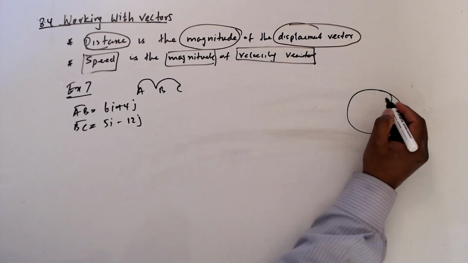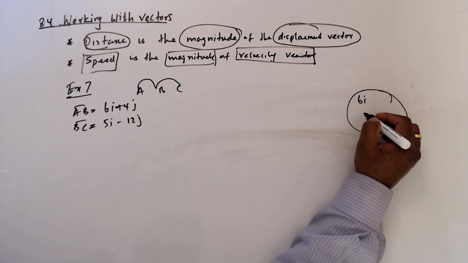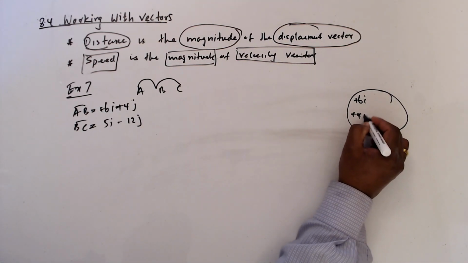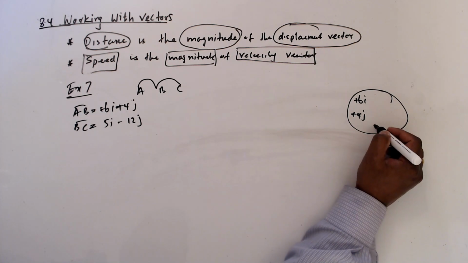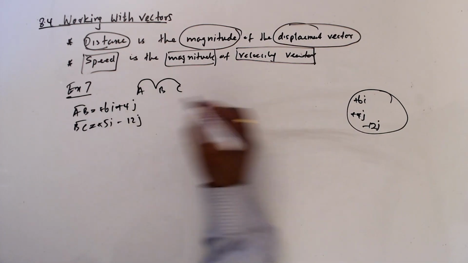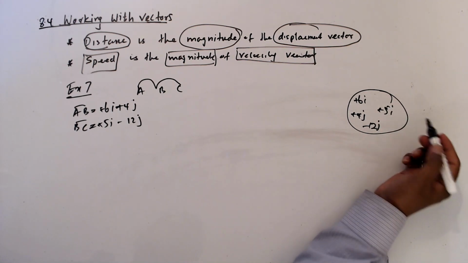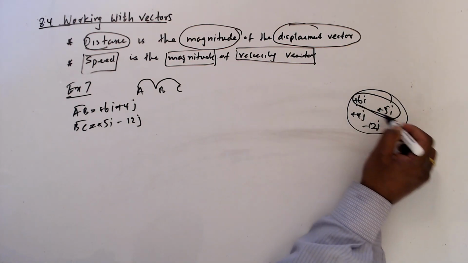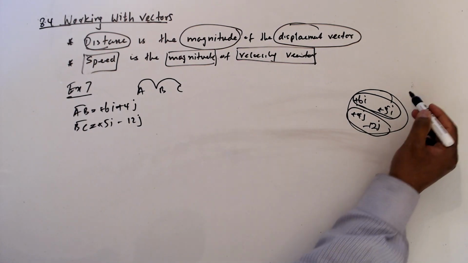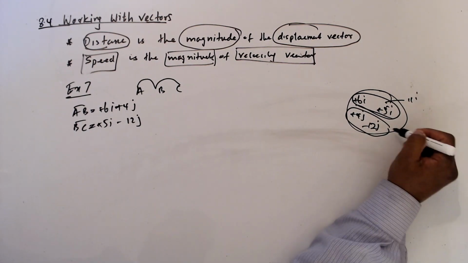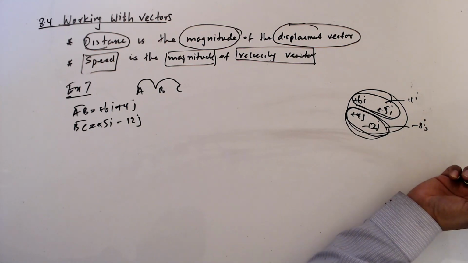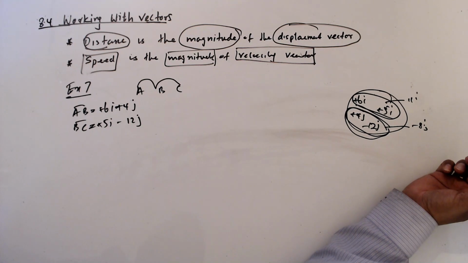So we add 6i plus 4j, minus 12j, plus 5i. These are i components and these are j components. The total i is 11i and the total j is minus 8j.